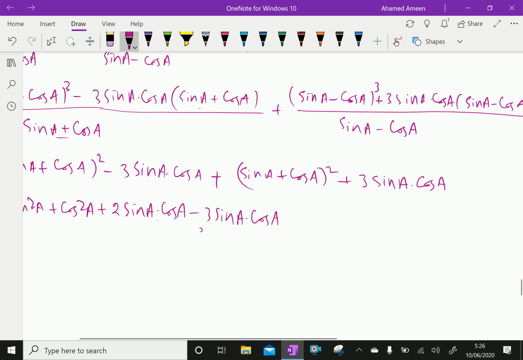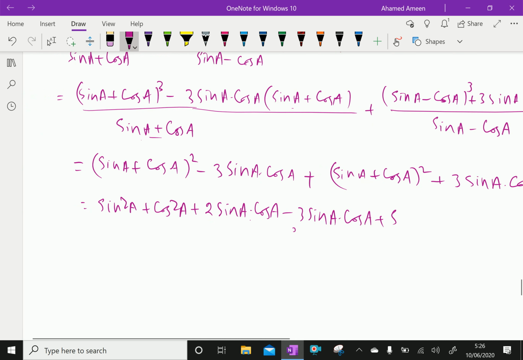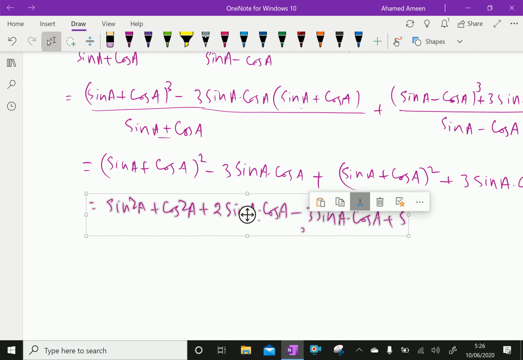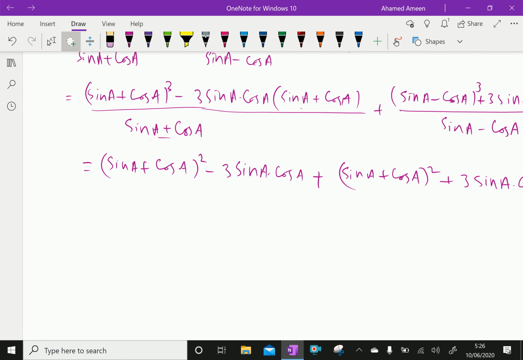Like this, the second part here. Expressing sin A plus cos A whole square is, before that we can cut this quantity. Which one? Here minus 3 sin A cos A plus 3 sin A cos A, cut both.